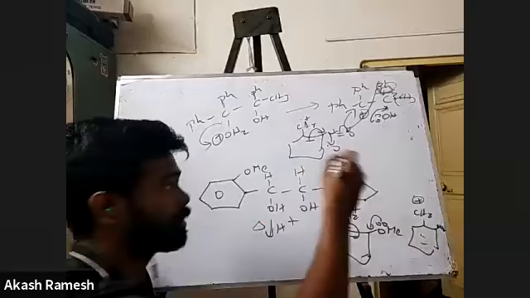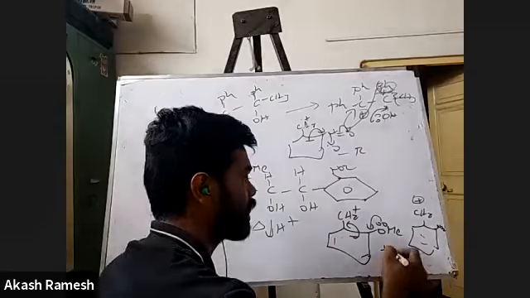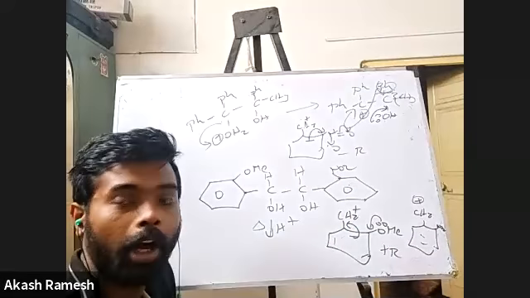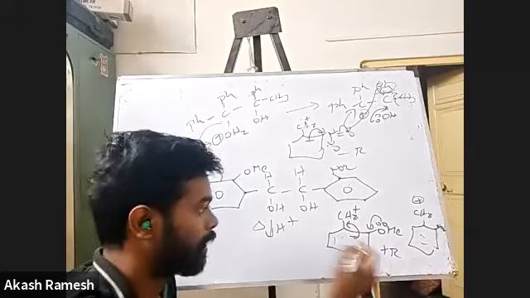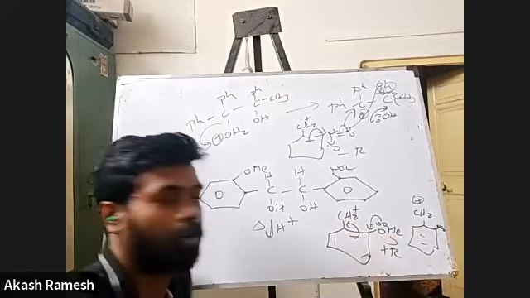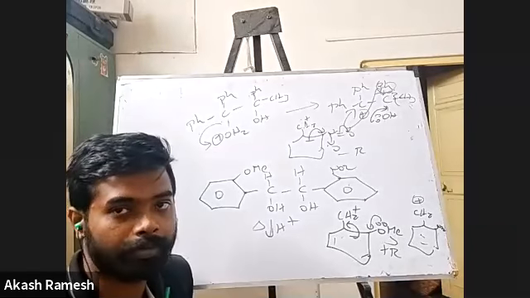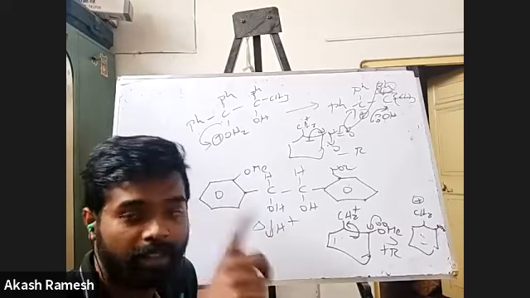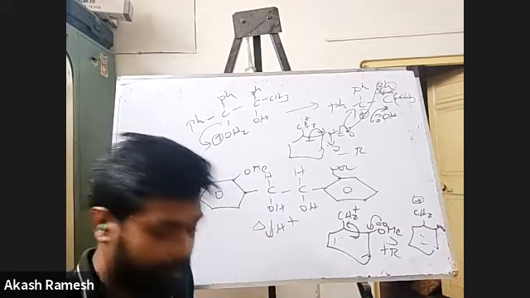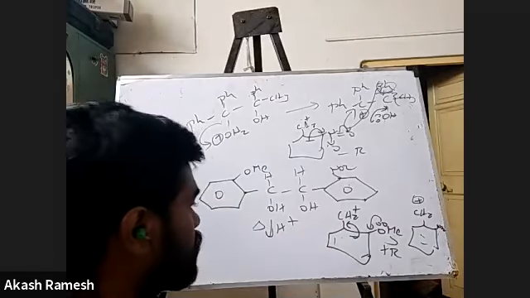This is like minus R. This is plus R effect. Electron donating groups will form a more stable carbocation. So if I ask you which is more stable, definitely this is more stable. Please be very careful. That's why I gave you this question. Even if you have different phenyl or aryl groups, you have to understand which is going to be more stable. Okay, fine, so that question is answered.